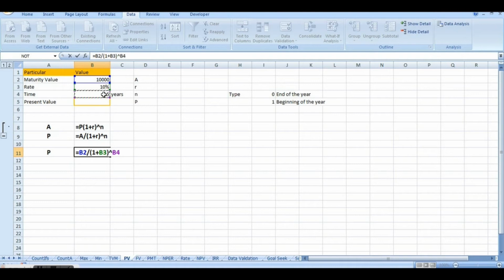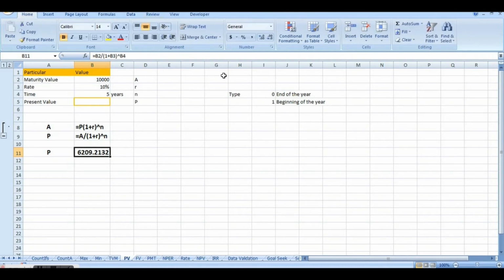So we'll take 5 as it is and enter. Now here we have got the answer in 4 decimals. We'll convert it into 2 decimals and the answer that we get is 6209.21.